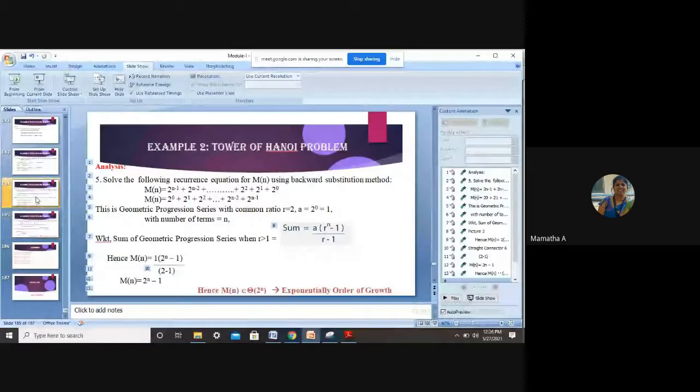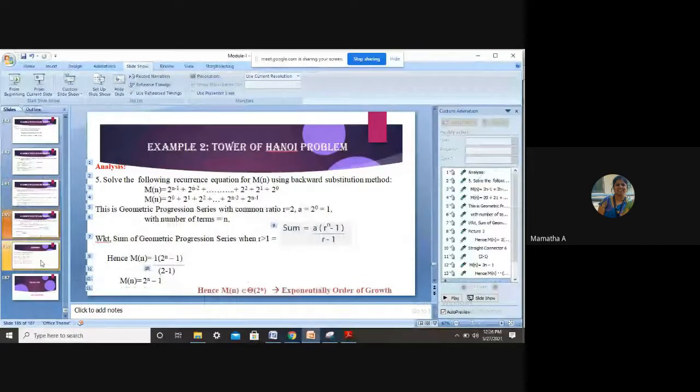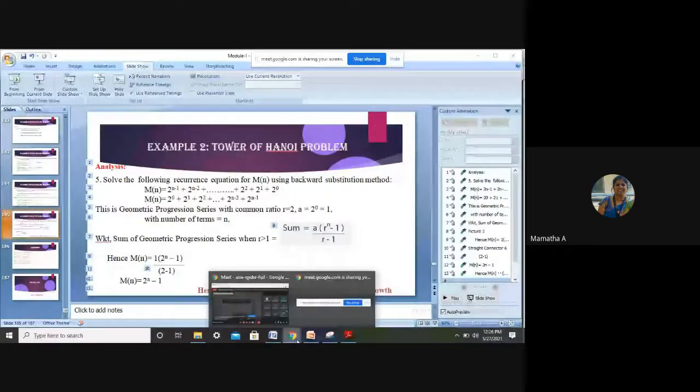I know at the end the answer will be this, but write all these steps. These steps have marks, isn't it? Writing only the answer will not fetch you full marks. That's what I mean to say.